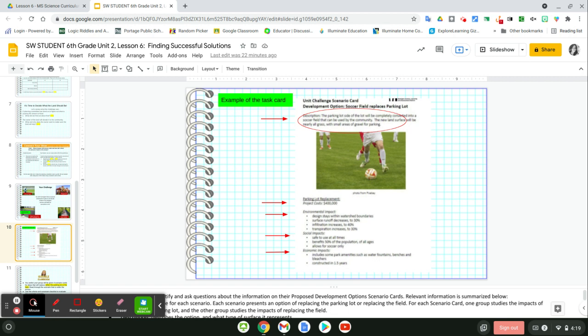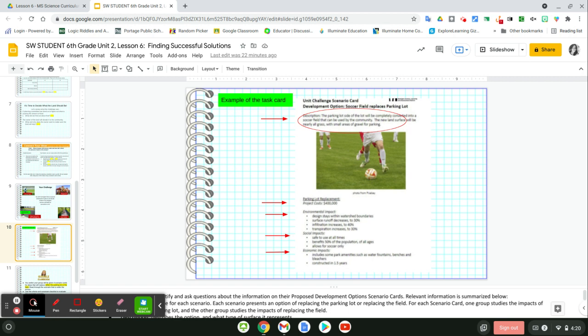So not the field, but the parking lot side, okay, would be a soccer field. All right, think about what's on the parking lot and what replacing that with a soccer field would do, how that would change the land and how that would affect how water moves into the stream.